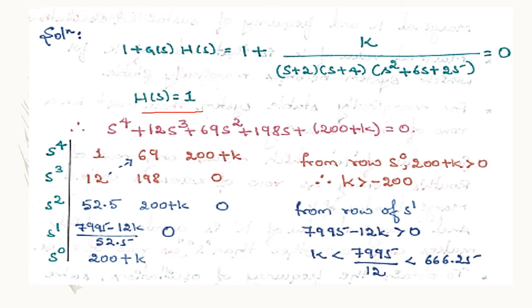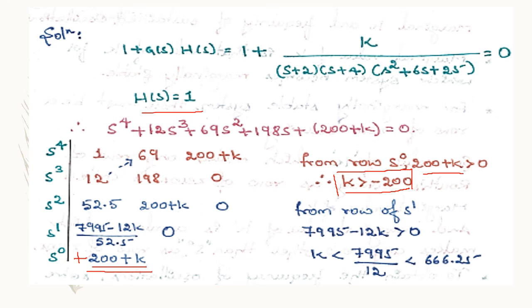When I solve this equation, we get for s to the power of 0 the term 200 plus k. The 200 plus k should be greater than 0 for the system to be stable. So the initial condition on the range of k is that k should be greater than minus 200.